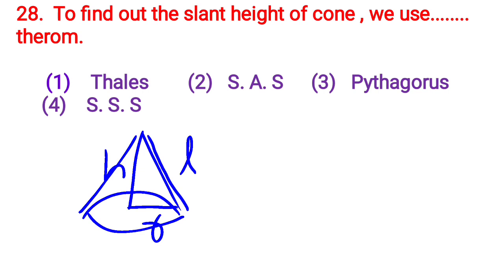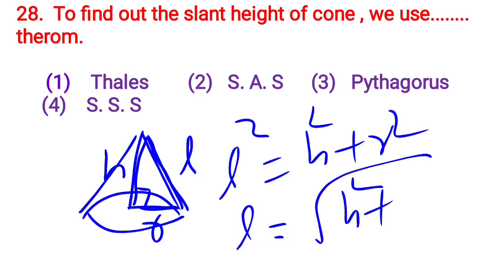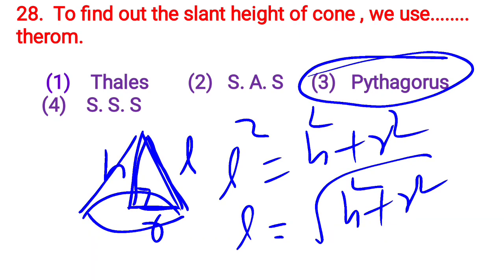So here the vertical height makes 90 degrees with the base. Okay, so to find out the L value, definitely we have to use the Pythagoras theorem. So hypotenuse square is equal to the sum of the squares of the other two sides. So then L square equals h square plus r square, then L equals under root h square plus r square. So here Pythagoras theorem is useful to find out the L value. So option 3 is correct.